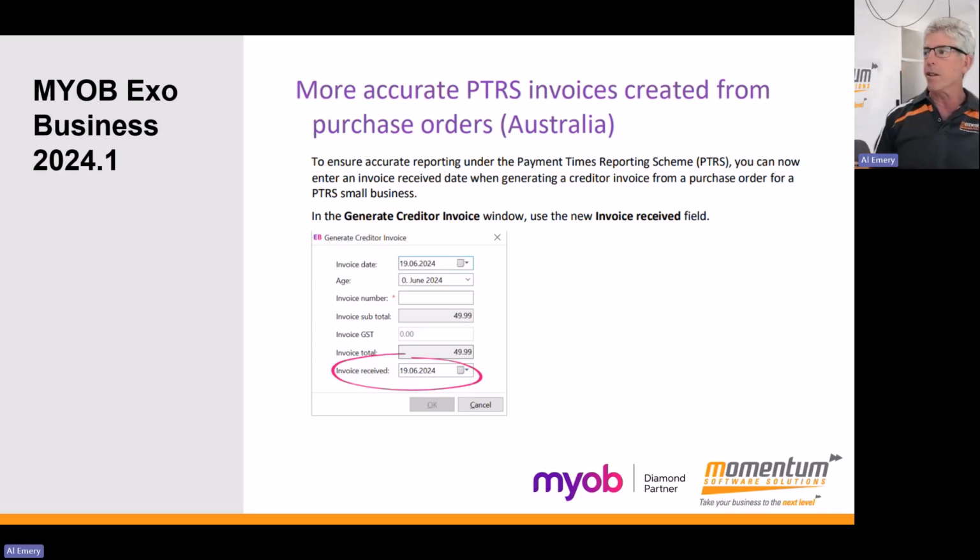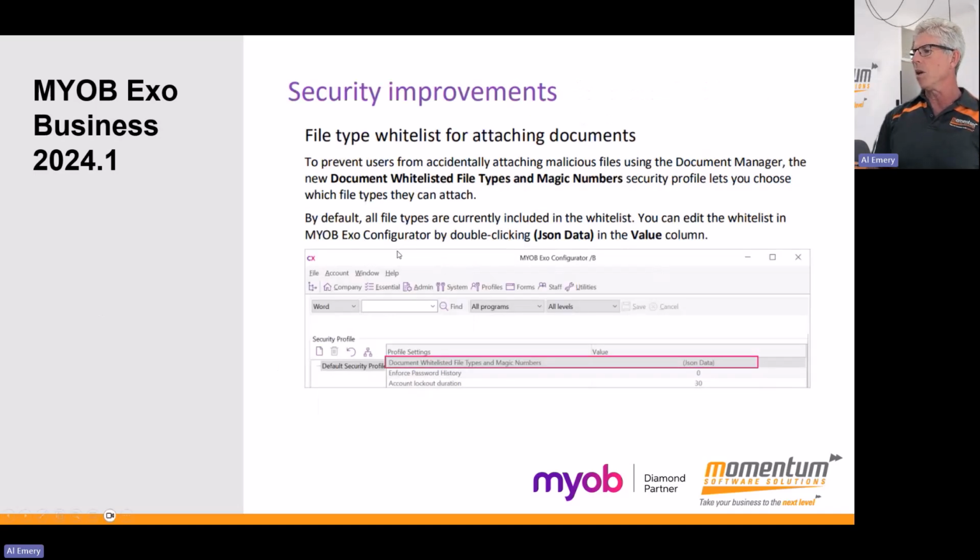So it is pretty common that out of the blue, a creditor or supplier sends you an invoice that's months old. Under the payment time reporting scheme, the company that receives it is required to report based on the date they received it, not necessarily the original date of the invoice. So that's now supported in the creditor invoice window.